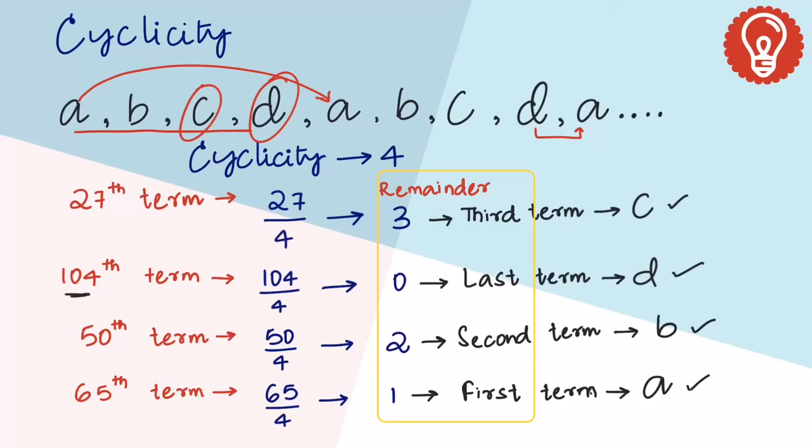When a number is divided by 4, the remainder can never be equal to 4 or greater than 4. This is the concept of cyclicity, which is extremely important for us to approach the questions.